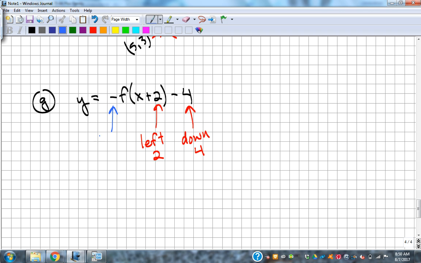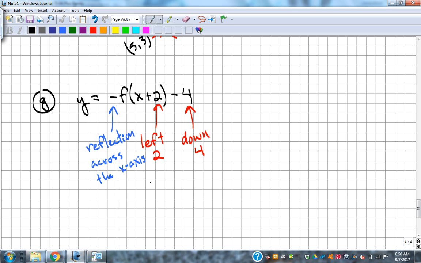The math term for that is a reflection across the x-axis. Hopefully in geometry you may have talked about some reflections, transformations in figures where you reflect it across an axis. But that negative in front is going to reflect it across the x-axis in our case.